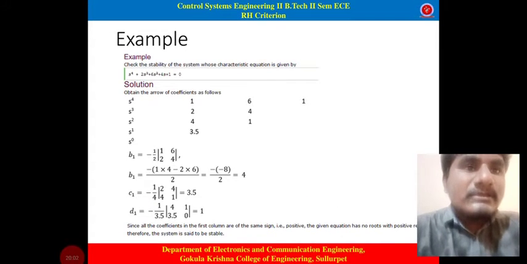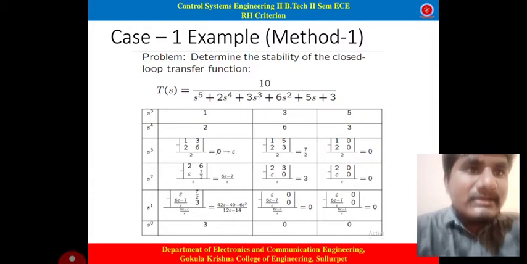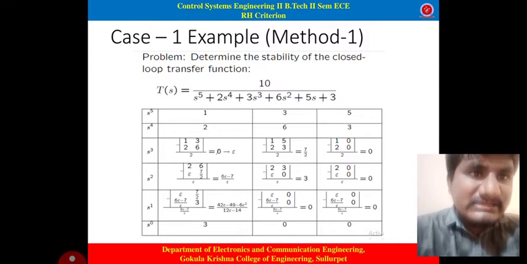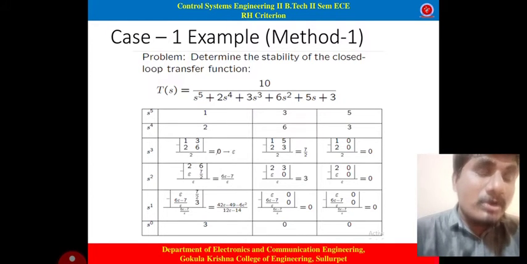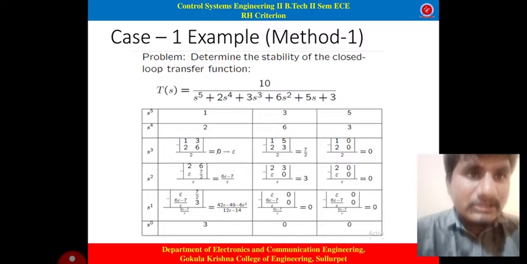For better understanding, let's take this example also, just for calculating how to fill the Routh table.